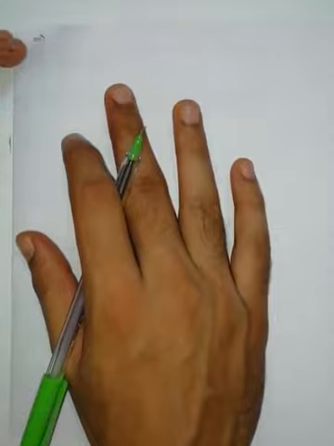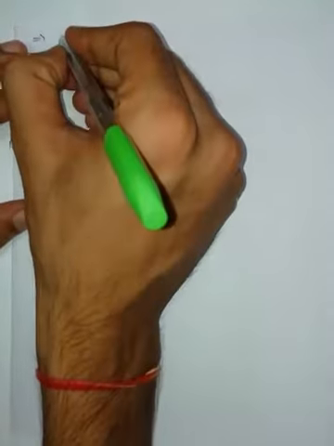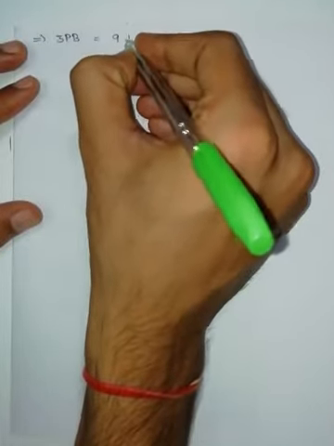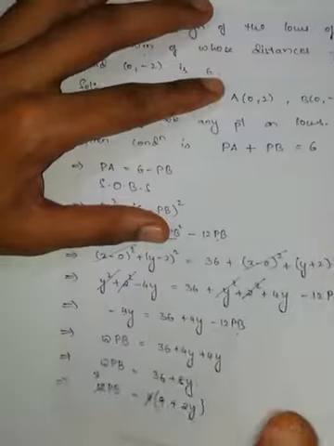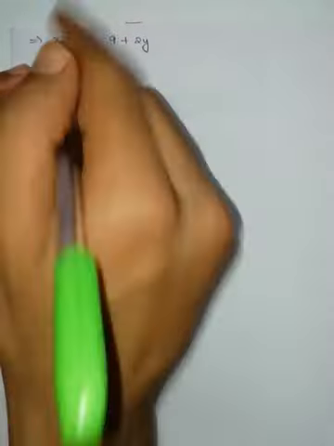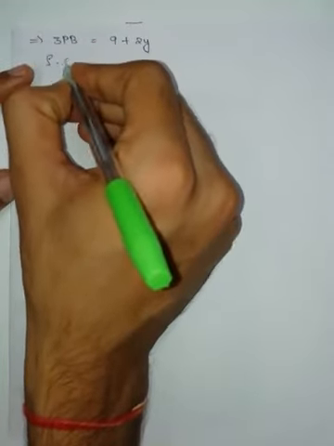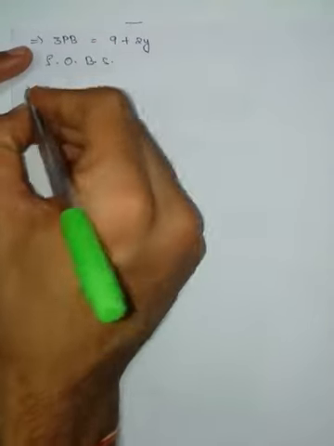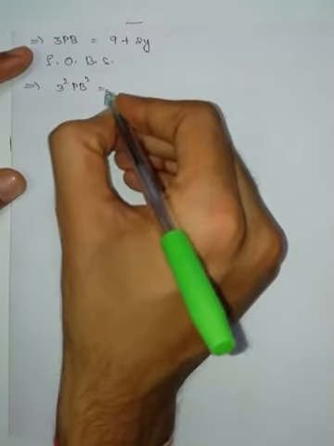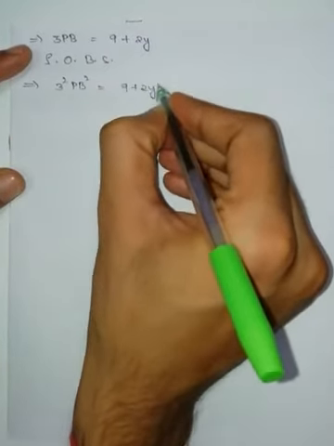Here we will get 3 PB is equal to 9 plus 2y. Now I am going to take square on both sides. Again, squaring on both sides. So this becomes 3 square PB square is equal to (9 plus 2y) whole square.